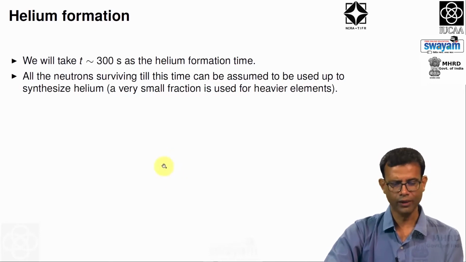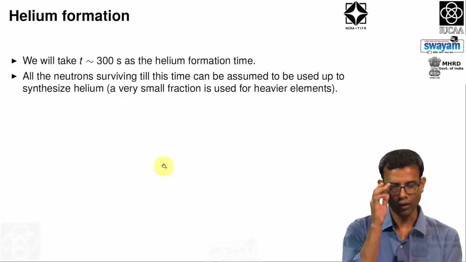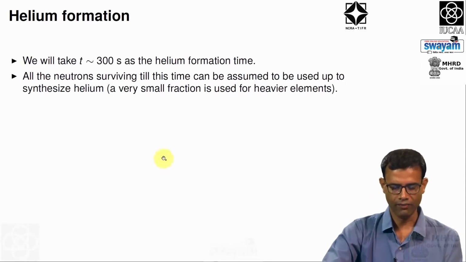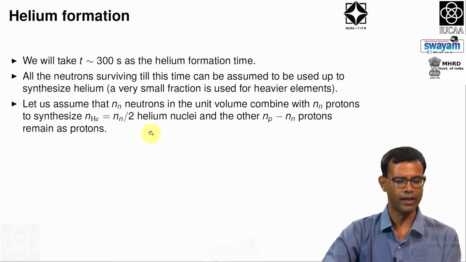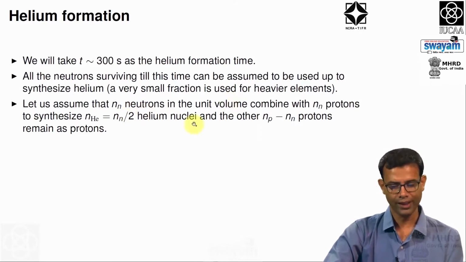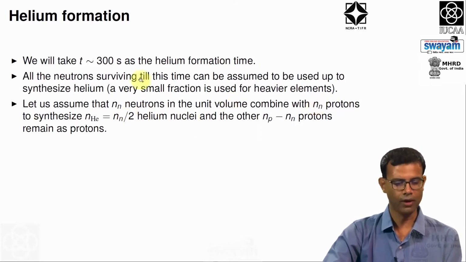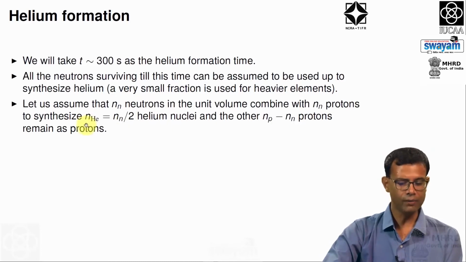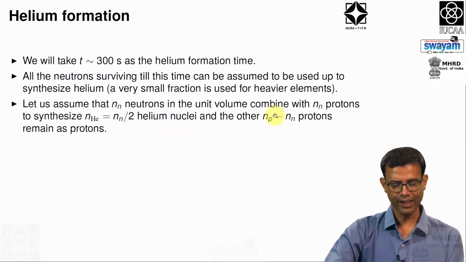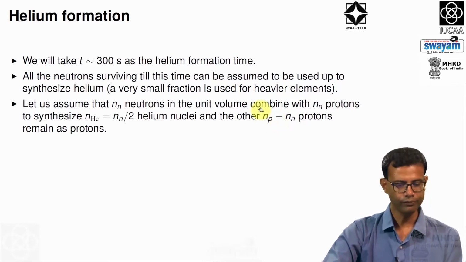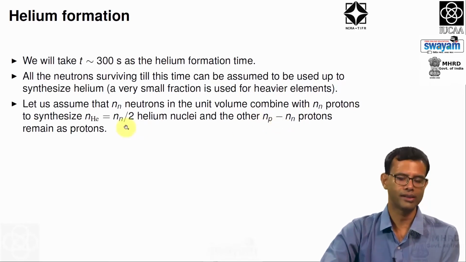A very small fraction will still remain and will be used for rather heavier elements like lithium and all. For simplicity, you can assume that there are n number of neutrons and they combine with the same number of protons. So, the number of heliums that will be produced will be n by 2, because each helium will need 2 protons and 2 neutrons, and the rest, n_p minus n_n, because the number of protons is higher than the number of neutrons, will remain as protons, which are just hydrogen nuclei, right.